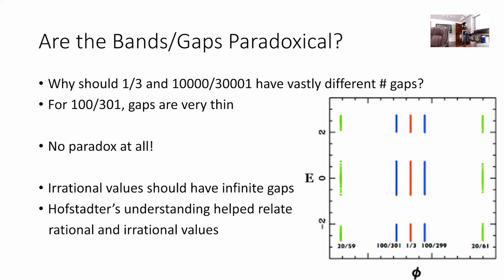But even when you look at 100 over 301, you can't even see the gaps. So here I have 20 over 61. It's pretty close to 1/3, but not that close. There's almost just 3 bands, right? But if you zoom in, you see there's actually some gaps in there, but they're really small.